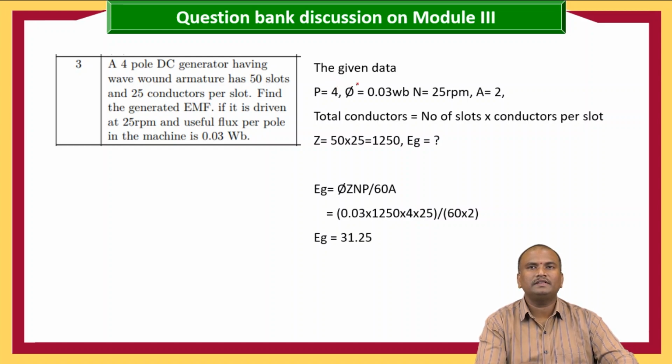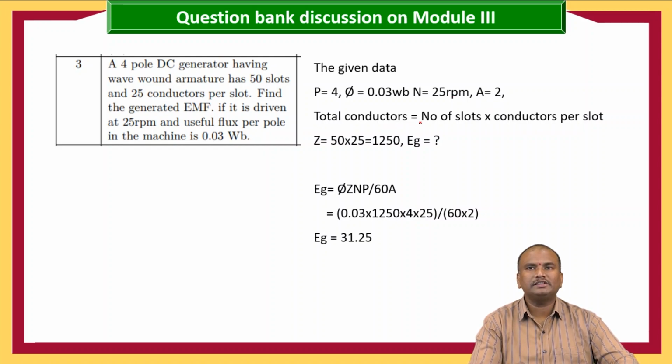Now, for this problem, number of poles is given as 4, flux is given as 0.03 webers, speed is 25 RPM, and it is given wave wound. So number of parallel paths is equals to 2.